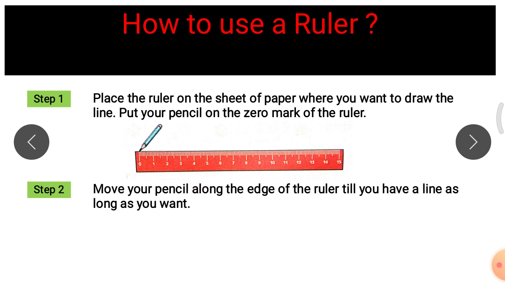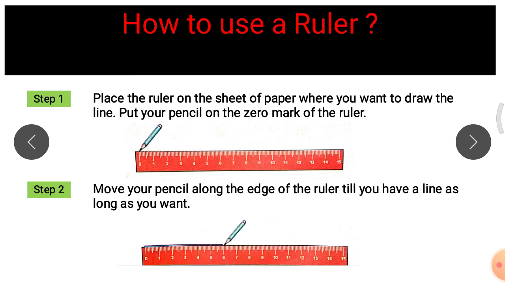Or if the question has been asked, or if madam says you have to draw till 11 centimeter, then you have to stretch your pencil along the edge of the scale. Edge means this one, this is called the edge, right? With one hand you will hold the ruler very tightly, and with the other hand you use a pointed pencil starting from 0 and stretch as much as you want.